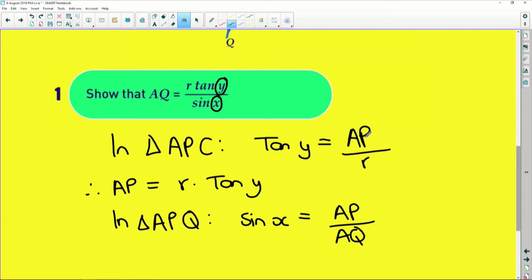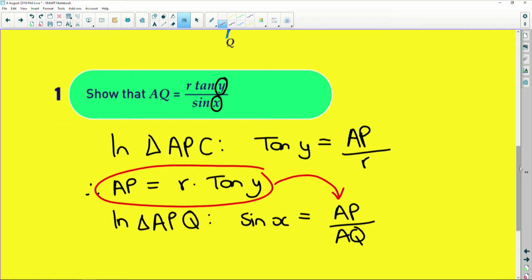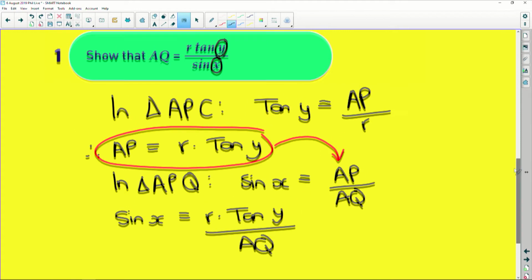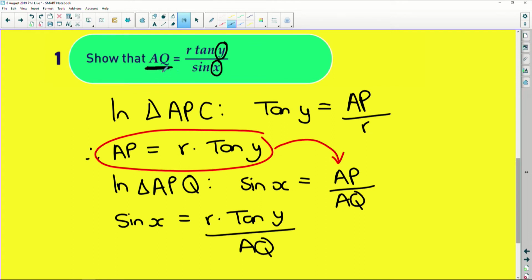Now we've got this expression for AP, so we can substitute it in. Sine of x is equal to R multiplied by tan of Y over AQ. Remember, we're trying to find an expression for AQ, so we need to get this equation in terms of AQ.